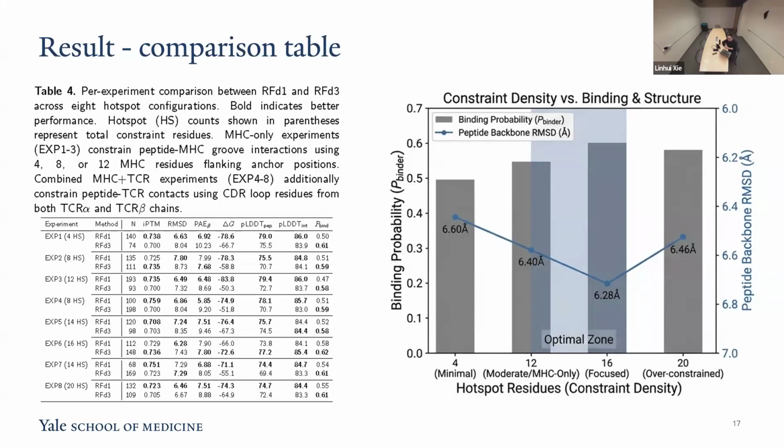So for the real design, if we conduct the analysis with wet lab validation, we will probably stick to these findings and define the hotspots within the region of 12 to 16 at the interface of MHC and the TCR receptors.